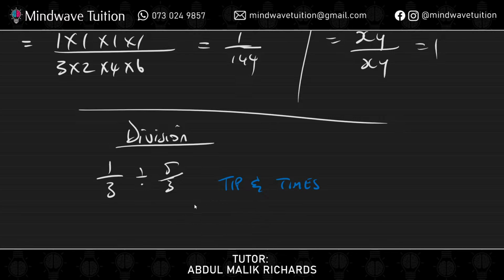Tip and times is to tip the second fraction and to change your division to multiplication. So you'll keep your first fraction, the division will change to multiplication, and you will tip the second fraction. Tip meaning to write the top at the bottom and to write the bottom on top. So your denominator 3 over here will now become the numerator, and the numerator 5 will become the denominator.